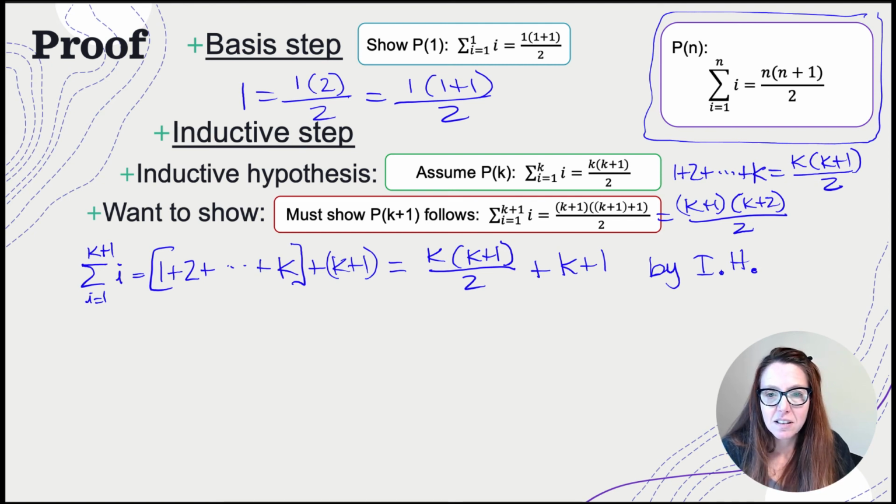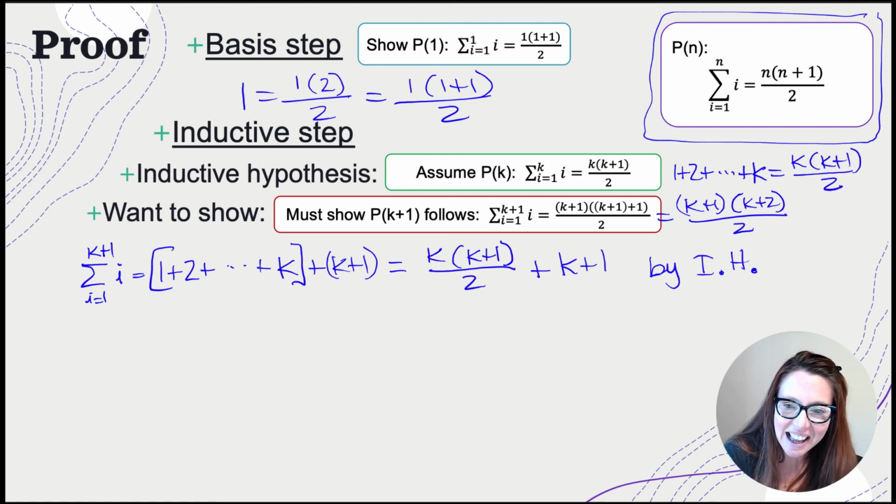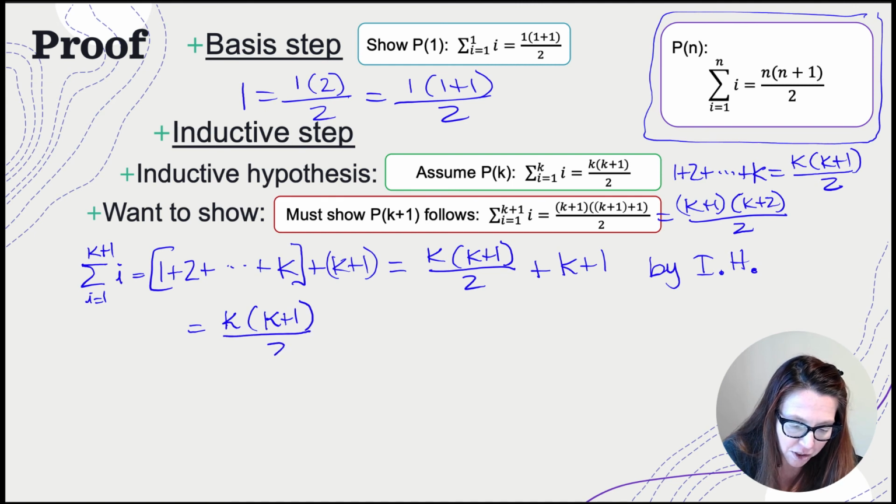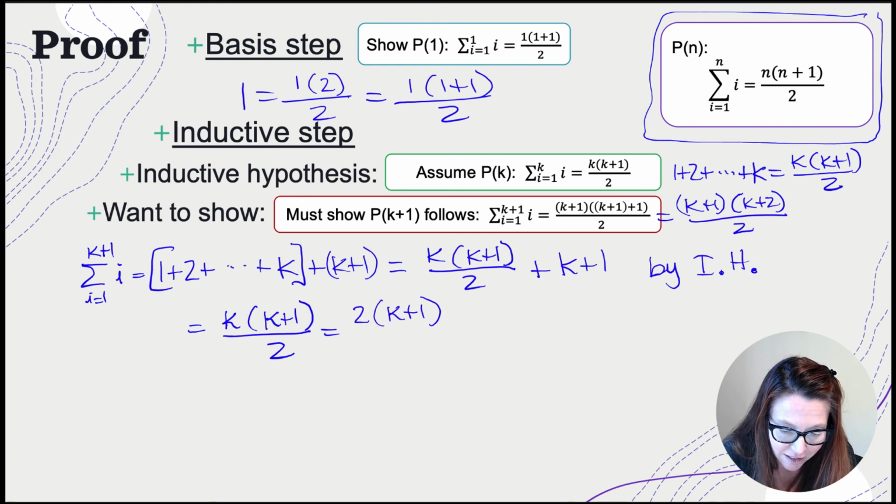Well, what can we do with that? We want to get that k plus 1 inside, and so what we can do is we can say, okay, well I can just do some basic math. k times k plus 1 over 2 is equal to, I want to put k plus 1 over 2, so it's 2 times k plus 1 over 2.